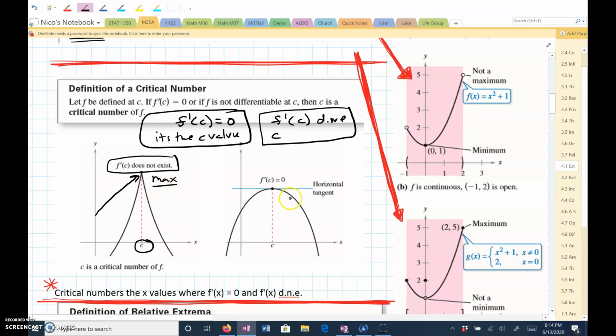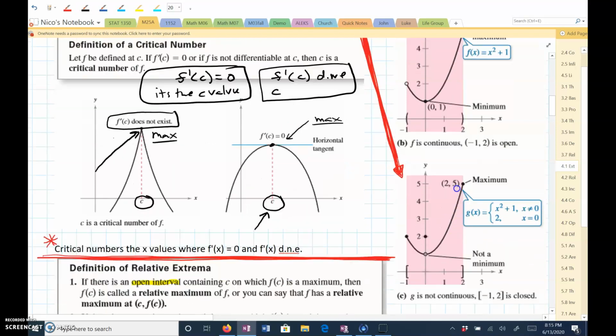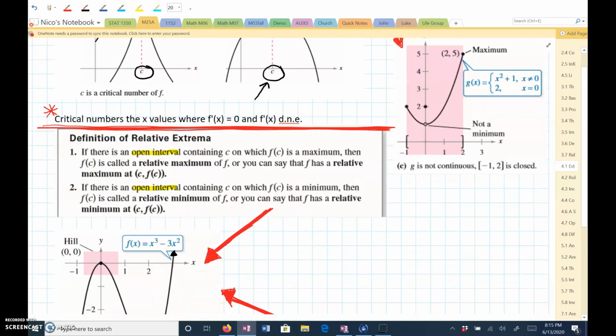Here is an example where f prime of c equals 0, so at that c value you would have another max there. Could be a min depending on the problem. Critical numbers are x values where f prime of x equals 0 or f prime of x does not exist.